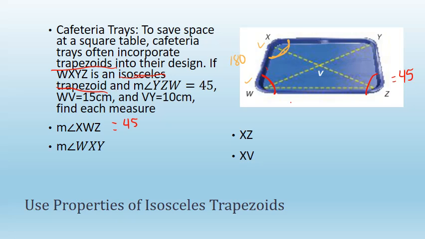So we could simply say that 180 minus 45 is going to equal the measure of WXY. And 180 less 45 is going to be 135.